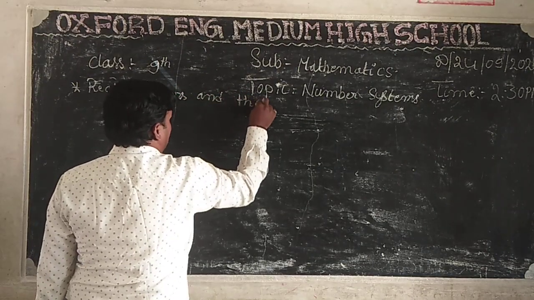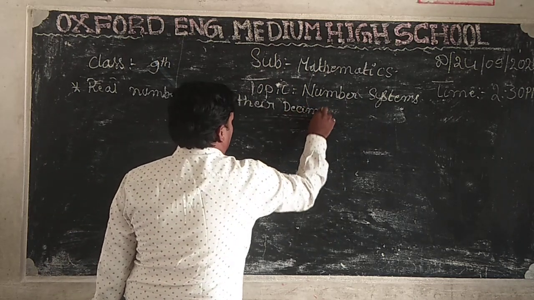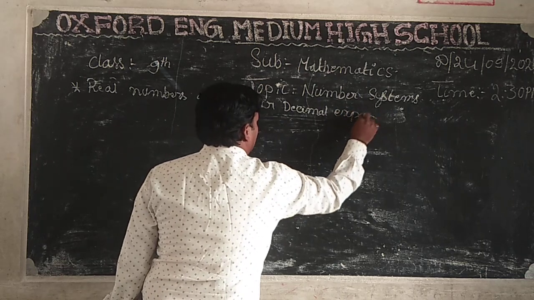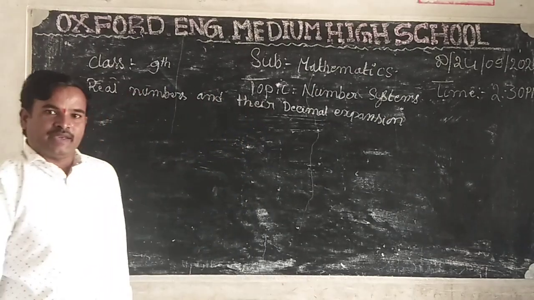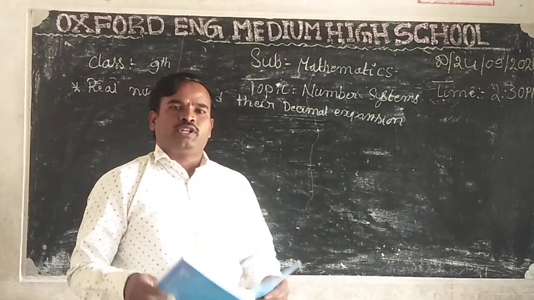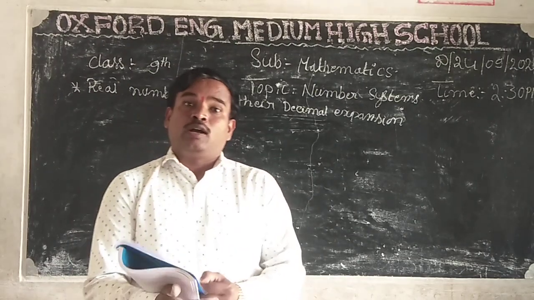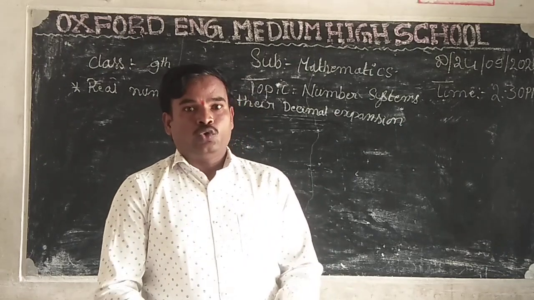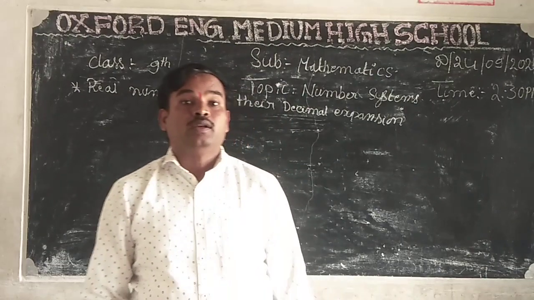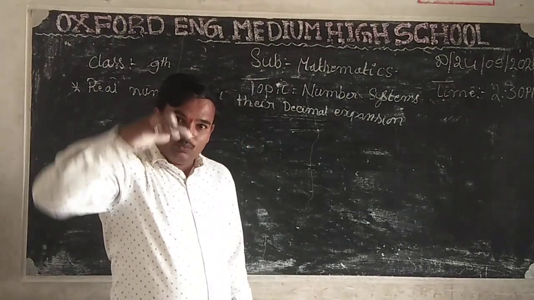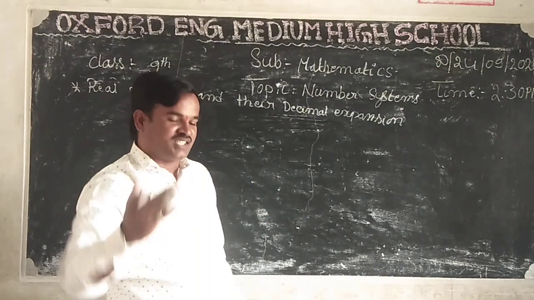Decimal expansion is very important in this number system because many children still don't know about decimals: how to write a decimal number, how to put the decimal point. Those who have weak knowledge in this topic will find it a little difficult to understand.